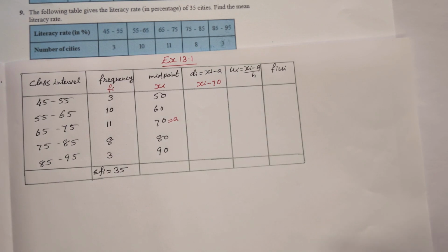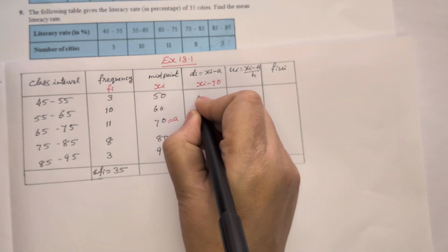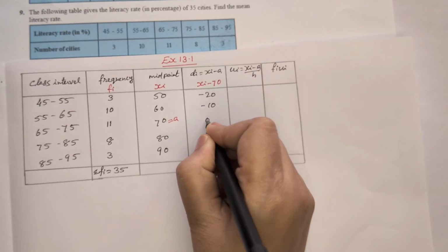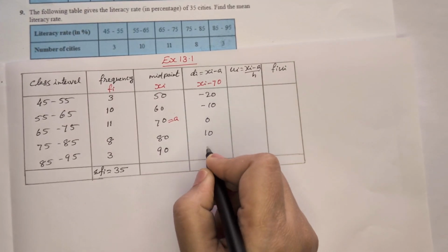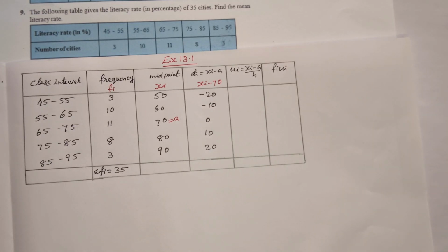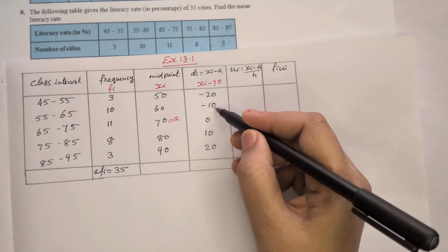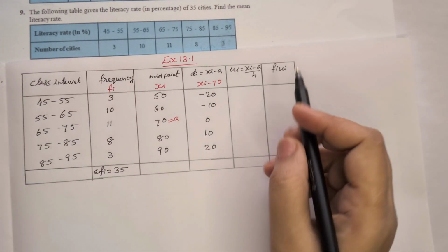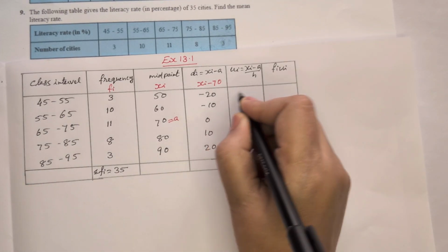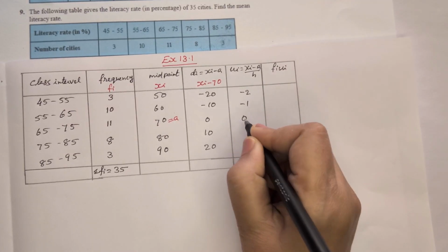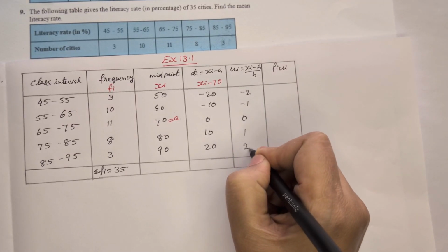So 50 minus 70, minus 20, minus 10, 0, 10, 20. Then same way H we can take here multiple of 10, or the class size, that is 10. So when we are dividing by 10, minus 2, minus 1, 0, 1, 2.